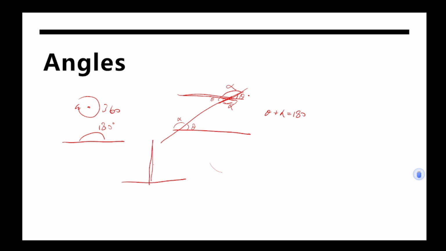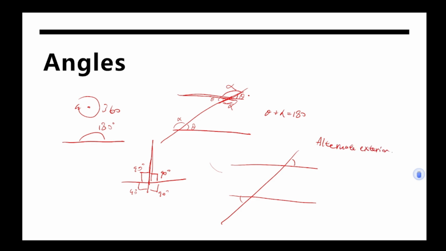And we know that when two lines are perpendicular, their angle of intersection is 90 degrees. So this is all 90. So in this pair of parallel lines, these two angles are called alternate exterior, and they are equal.